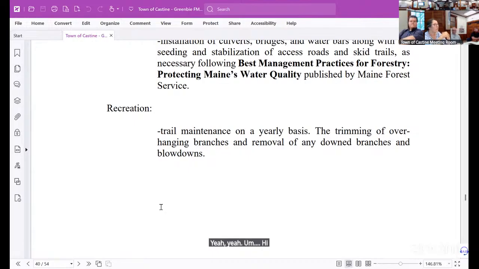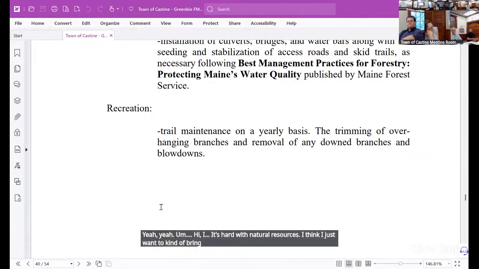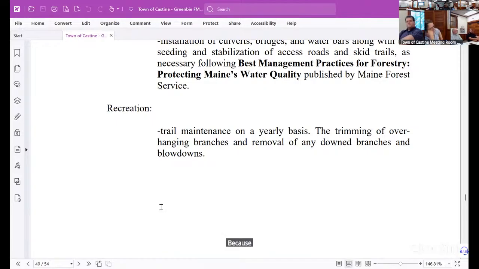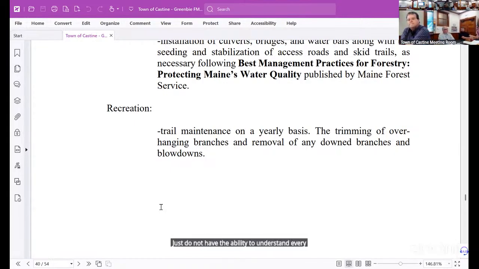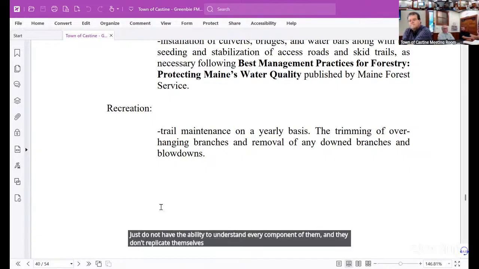It's hard with natural resources. I just wanna kind of bring everybody back to this one big thing. It's so hard when you're talking about forest systems, field, rangeland systems, ocean systems, because they're naturally always in a high state of flux. They're naturally extremely diverse and we just do not have the ability to understand every component of them, and they don't replicate themselves 100% very often.